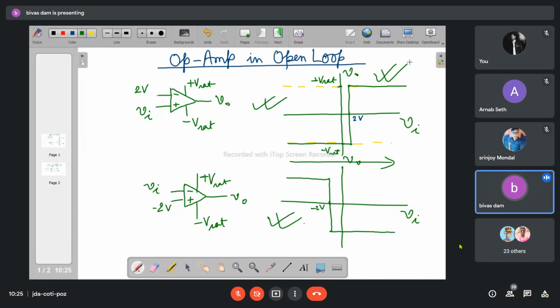So in some terms, I can say that in the first one, the input and output are almost in the same phase. In the increasing direction of the input, there is one increasing output. Whereas in the second type of characteristics, along the increasing direction of the input, there is a decreasing output. So this type of comparator characteristic is called non-inverting comparator, and this is called inverting comparator.